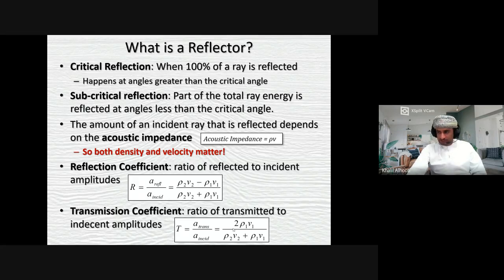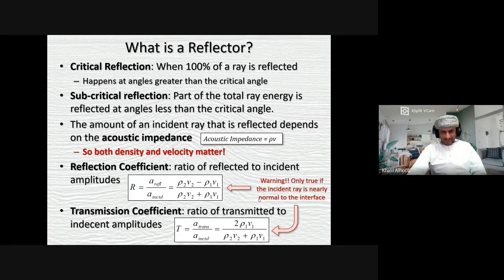It's a bit different for the transmission coefficient. It's a multiplication of the acoustic impedance of the upper layer only by 2. It gives you the transmission, how much energy is transmitted to the second layer.